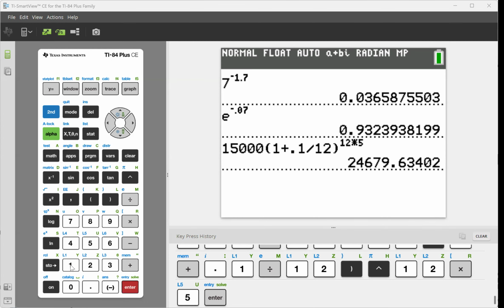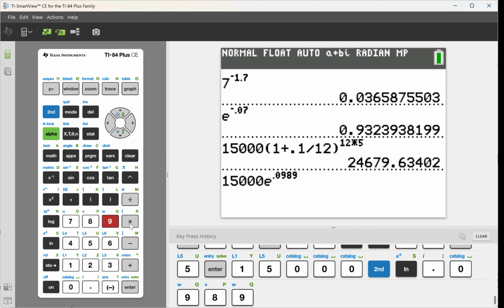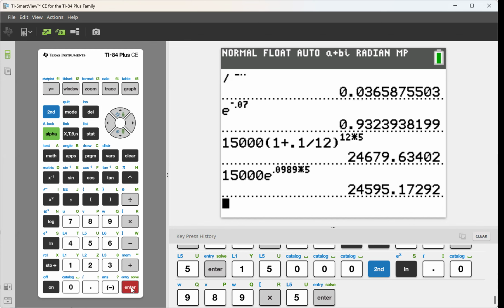All right, so here's my calculator. I'm going to do 15,000 times e, so second natural log, and we're raising e to the 0.0989 times 5 years. And I get $24,595.17. So let's write that down.